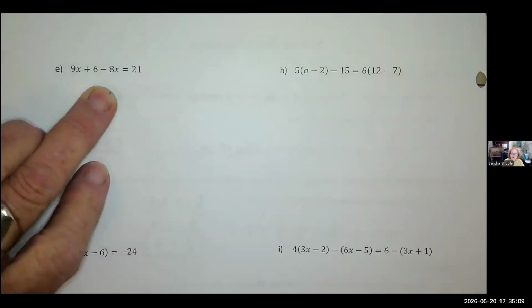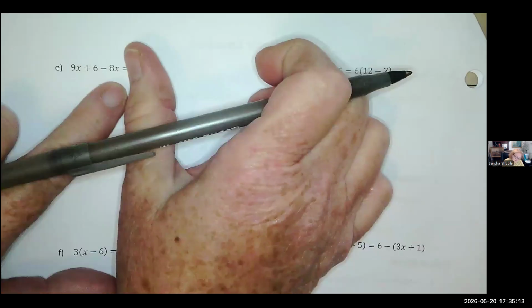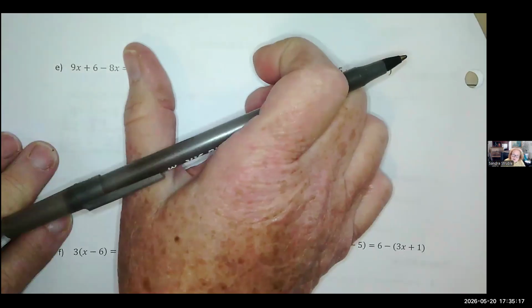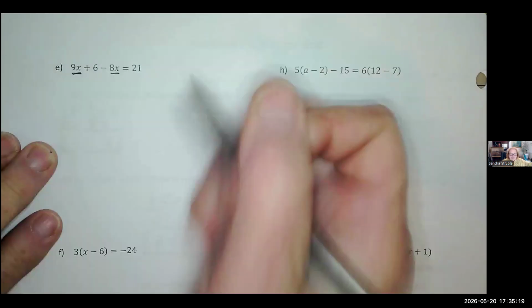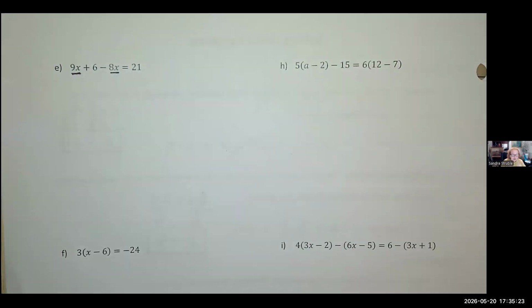Next victim. So this next one, I want you to combine like terms first. You'll notice that 21 is by its little self over here. So looking at this side, we've got two terms that have x in it. We need to combine those before we move forward. Before I start moving things on either side of the equal sign, I need to get all my terms combined that are alike. 9x minus 8x is just 1x.